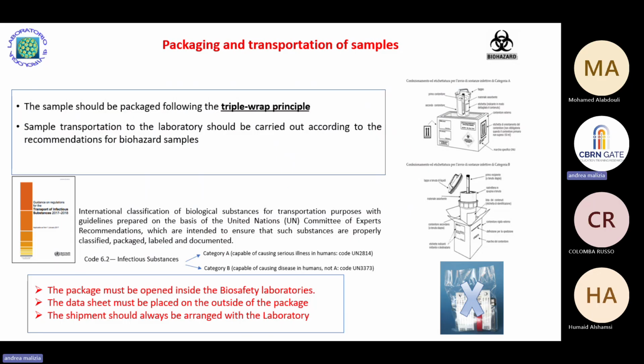When the sample arrives in the laboratory, you must open the bag inside the biosafety laboratory. If there is a suspect case, you can open the bag inside the BSL3.